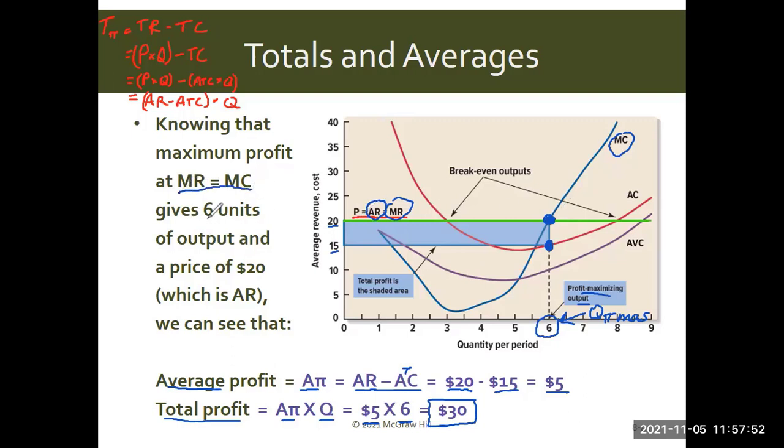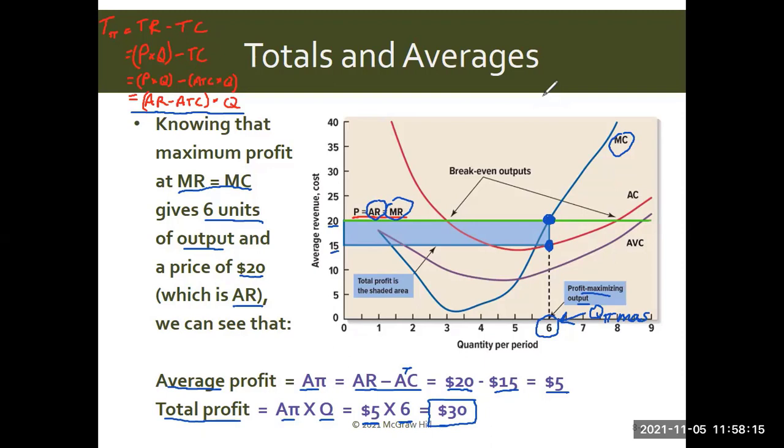We found that. It gives 6 units of output at a price of 20, which we know is average revenue. So basically, I can use this up here. I'll underline it: average revenue minus average total cost, or 20 minus 15, times the quantity of 6 equals 30, is the profit I see on that particular diagram.